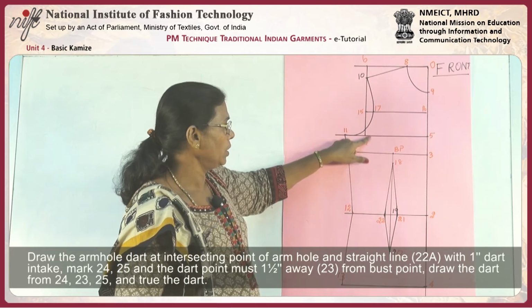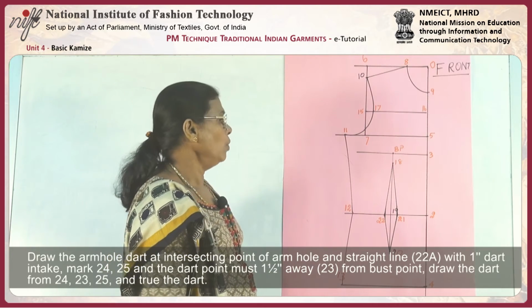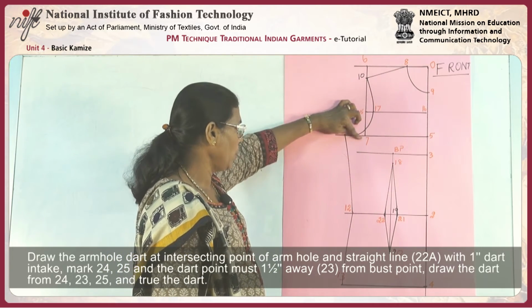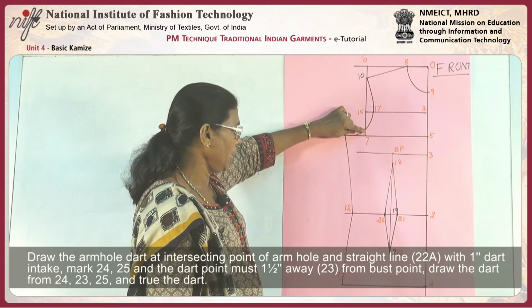Now we are going to draw the armhole dart. The armhole dart can start from the intersection point of the armhole and the armhole straight line.